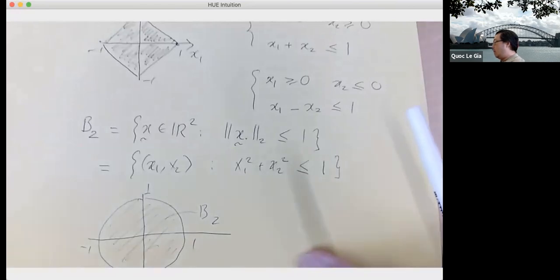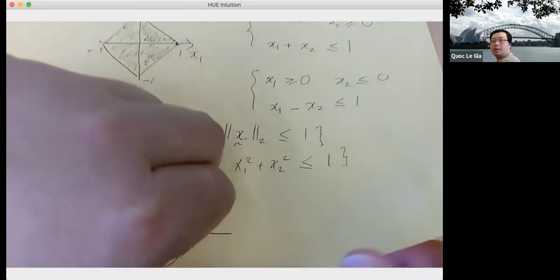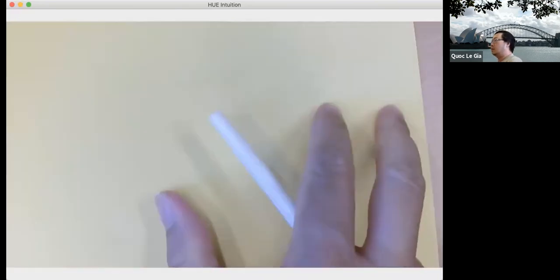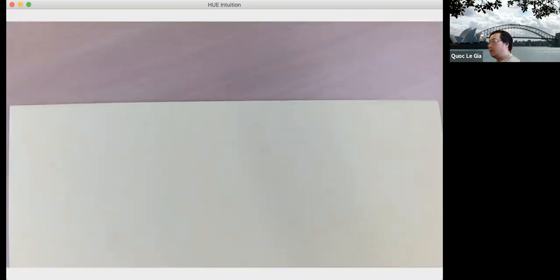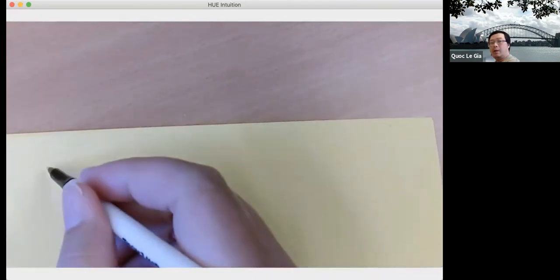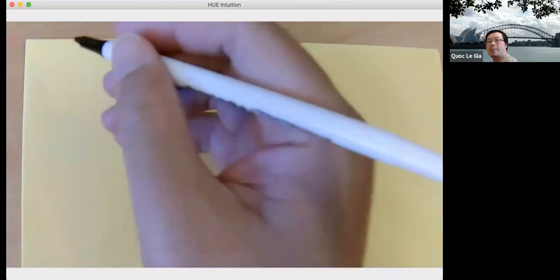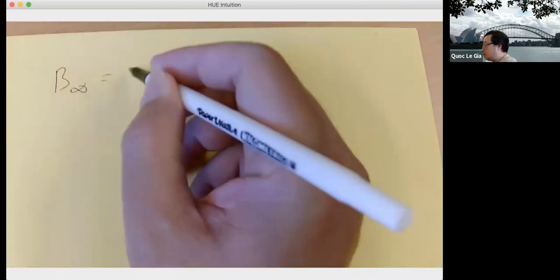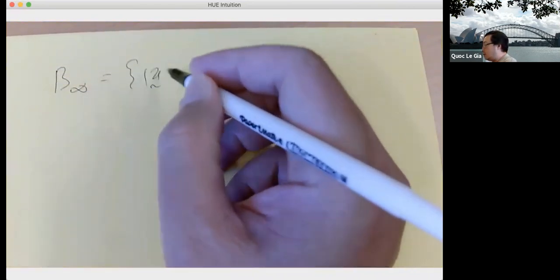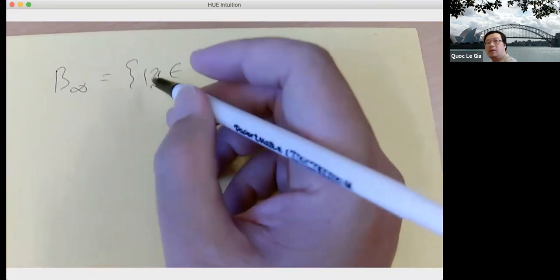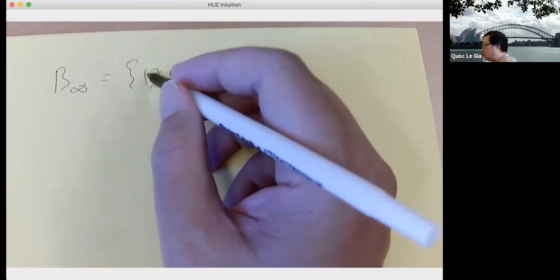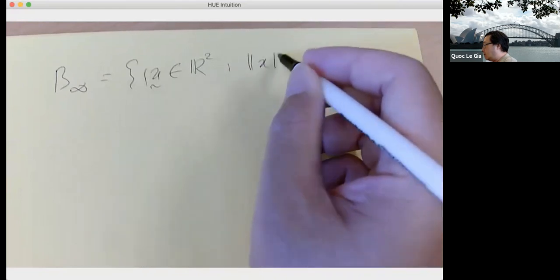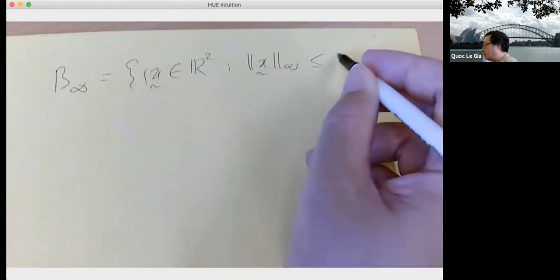And now what happens if I replace B2 by B infinity? So now my new set is B infinity, yeah. B infinity is the set of x, just a vector x, with infinity norm less than or equal to 1.